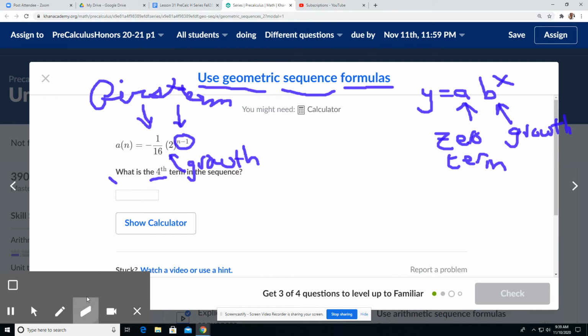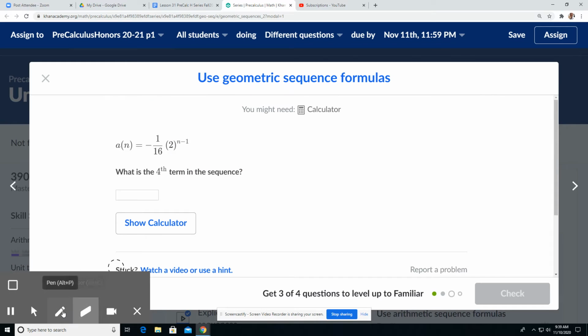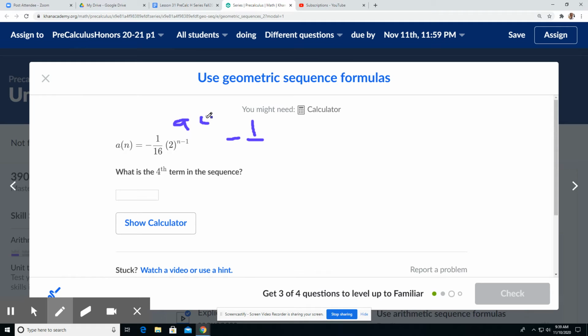So let's go ahead and get all this writing out of the way. All right, so a sub n, or a sub 4, is equal to -1 over 16 times 2 to the 4 minus 1.